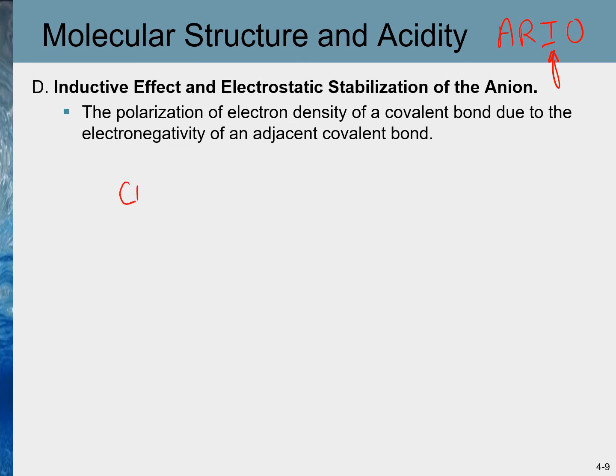First is regular acetic acid, and then the other compound is a derivative of acetic acid, but instead of all hydrogens, we now have a chlorine atom connected to it.